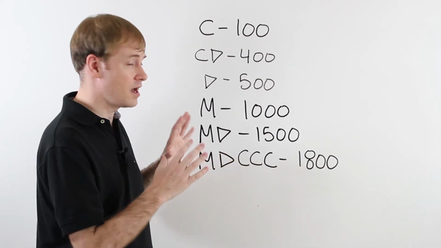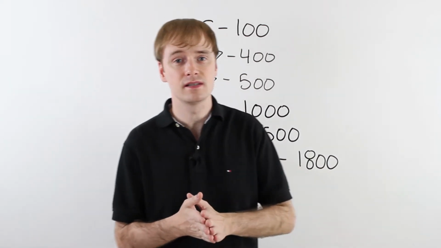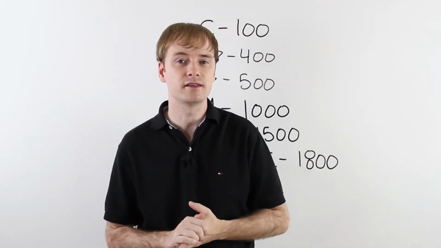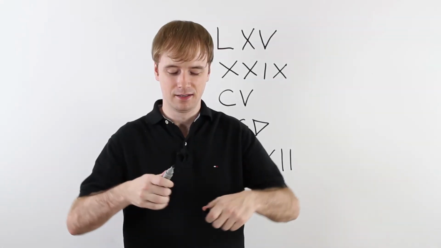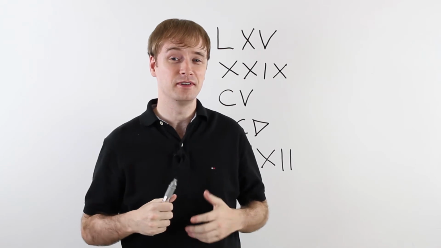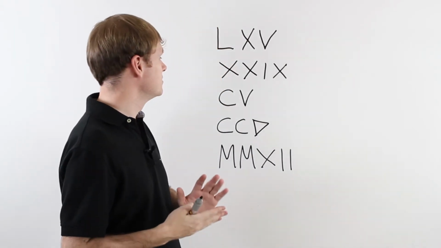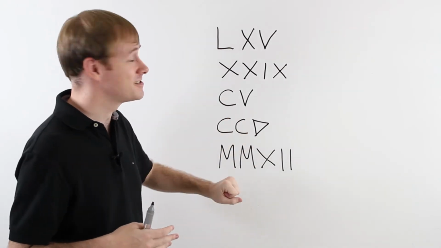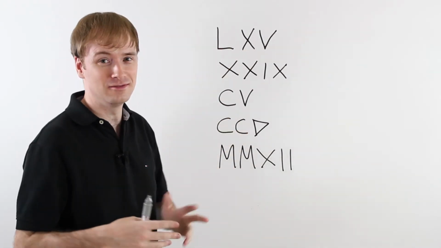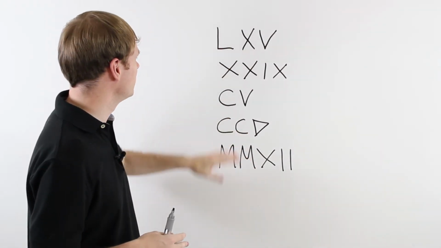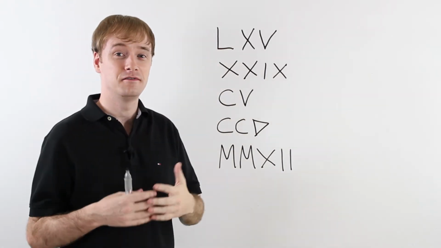Okay, so that's Roman numerals. Let's do a little more practice. Okay, let's do a little practice together. I know it's difficult. So let's take a look at these letters. LXV, what is that, LXV? Well, we know L is 50.